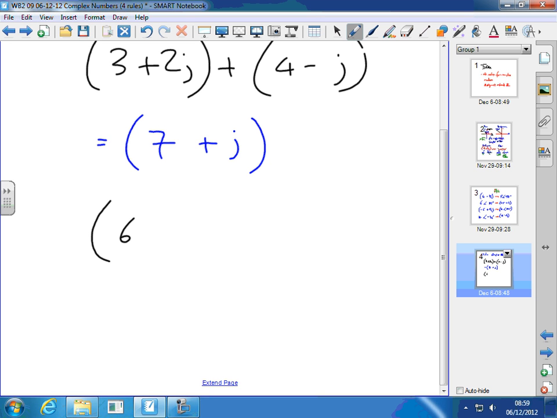6 plus 5j minus 3 minus 2j equals. The only thing we have to be aware of is the signs, particularly the double negative. So what will this be?